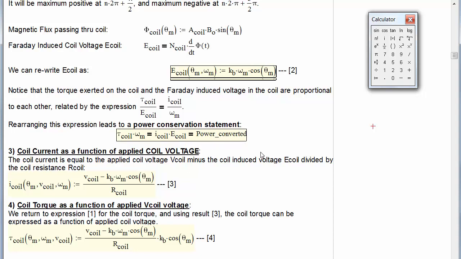The electrical power going into the system, using passive sign convention in the way that I've labeled it, with E coil and I coil both positive, means there is positive power going into the motor.